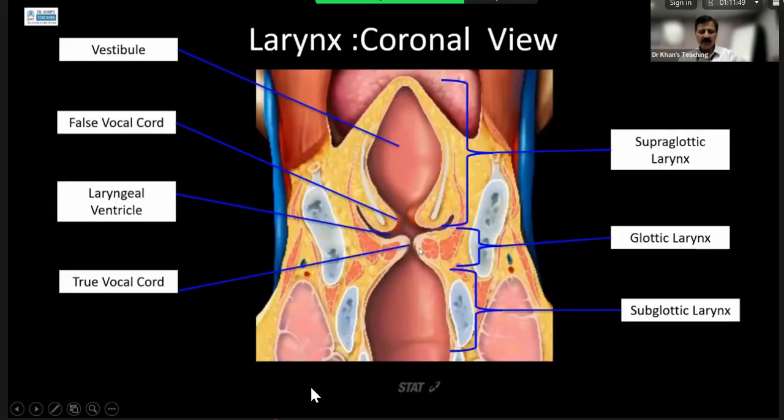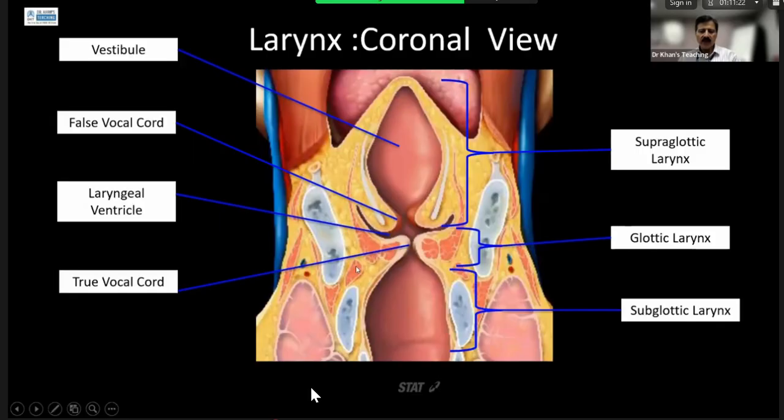And then is the true cord. Inferior to that is the infraglottis, which includes the cricoid cartilage, and then the trachea. So these are the three levels. Once again: vestibule, false cord, true cord, and this is the ventricle.